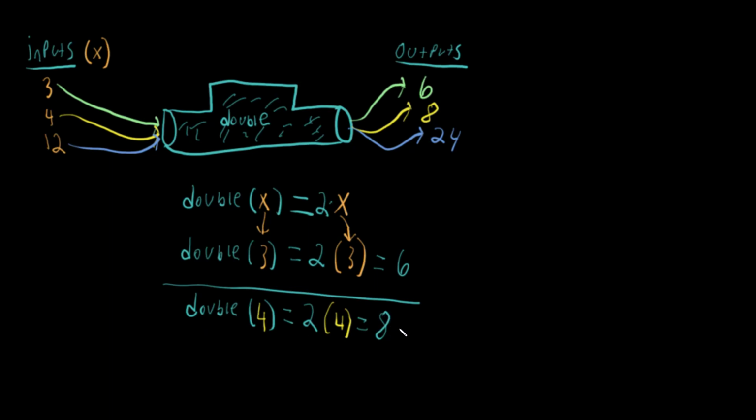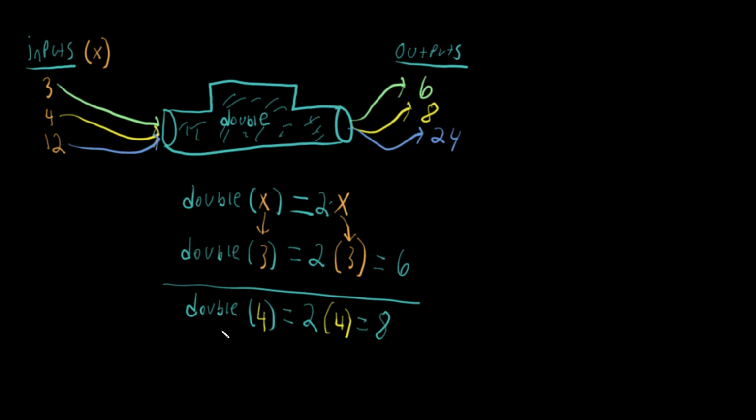Now, this is getting annoying. I've already had to write the word double way more times than I ever wanted to. So what we actually end up doing is we don't write double. We just give the function a single name. In this case, it's a double function, so maybe D makes sense.